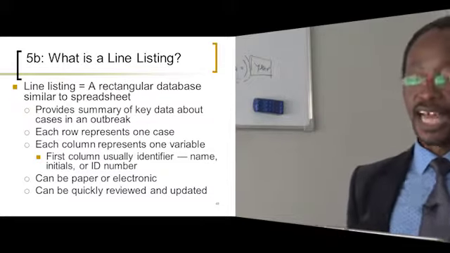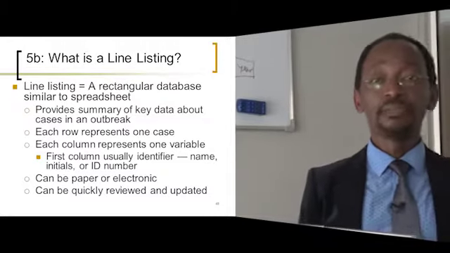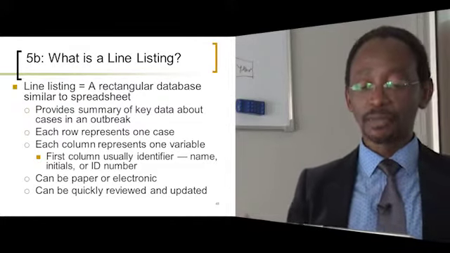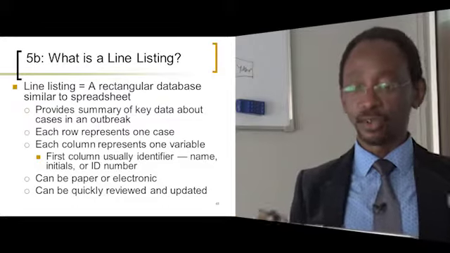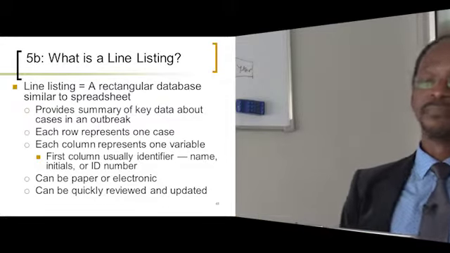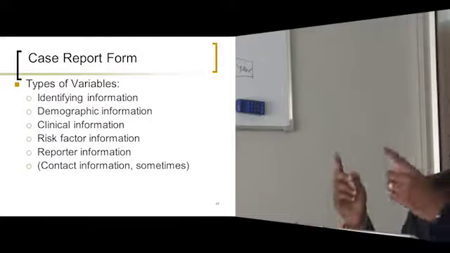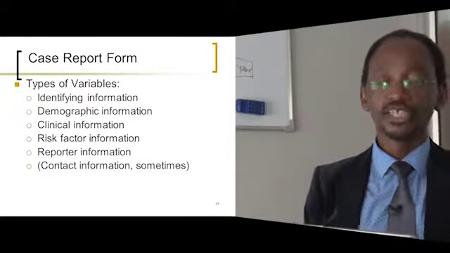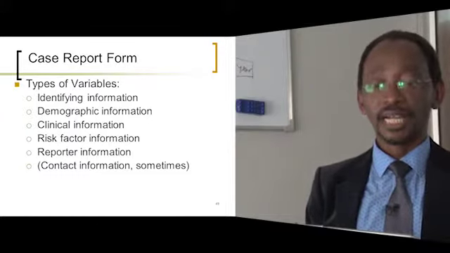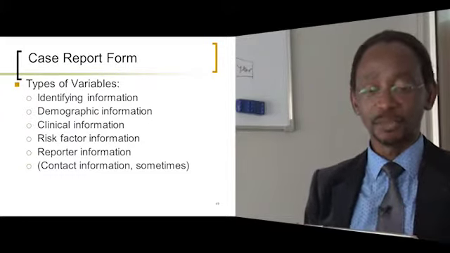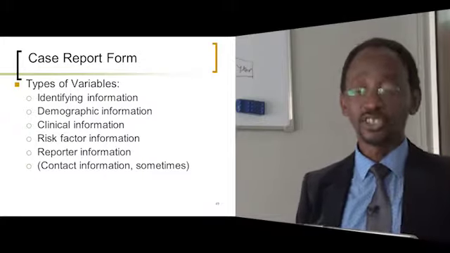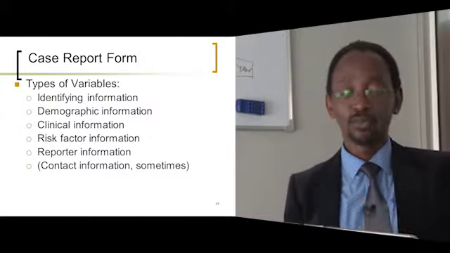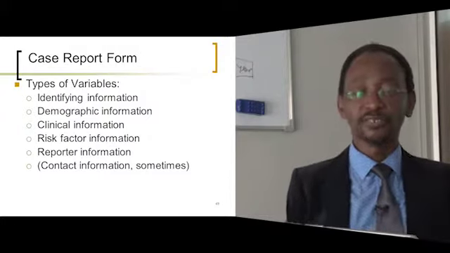And a line list can be paper-based, but it can also be electronic, where you enter it in a computer. And it should be easily accessible and quickly reviewed and updated, not very complicated. These are some of the variables that we take from the case report form and put in the line list, like identifying information, demographic information, clinical information, what are the signs and symptoms that they came with, risk factor information, what are the risk factors for the outbreak, do they manifest some of the risk factors?